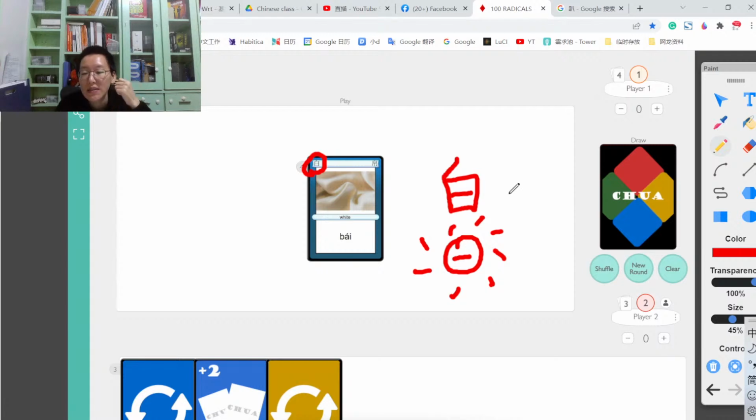You can use this to help you memorize this character. 日 plus 撇. But this is not the correct stroke order. The order is to write the first stroke here and then plus 日. Okay, so this one is 白.